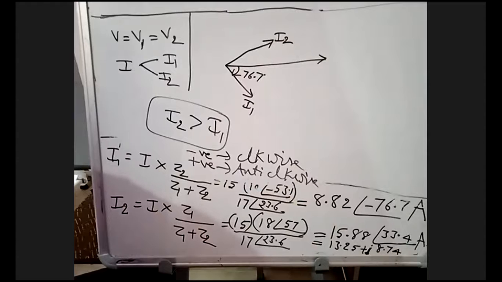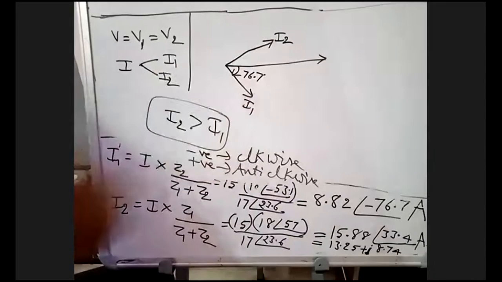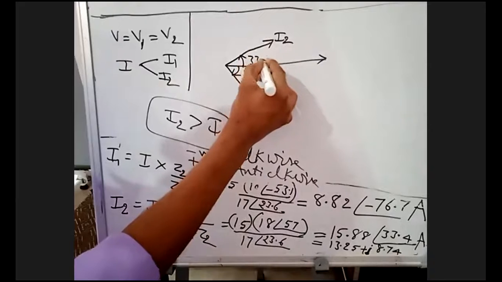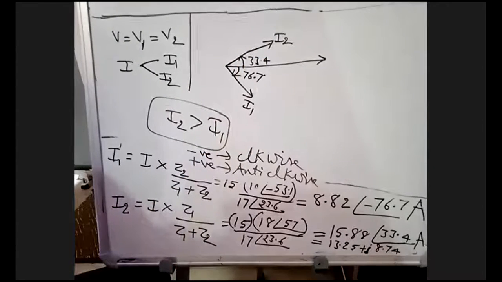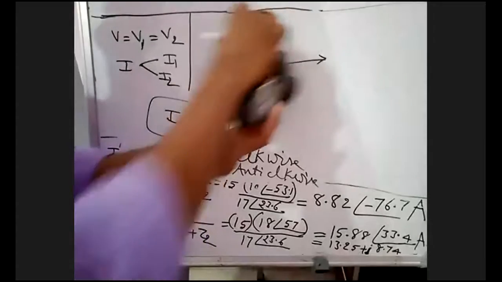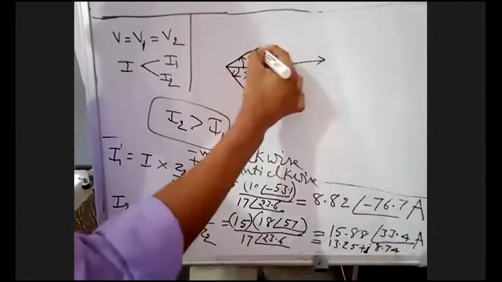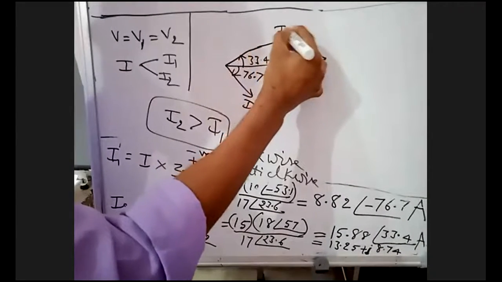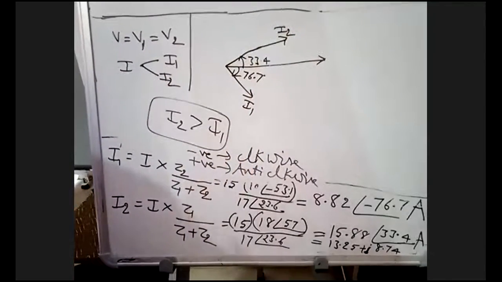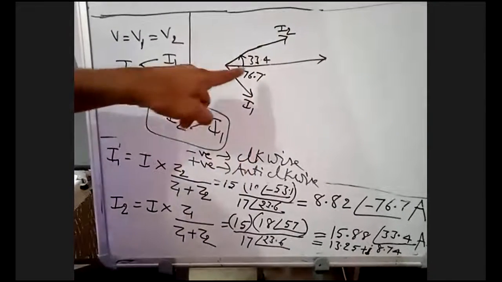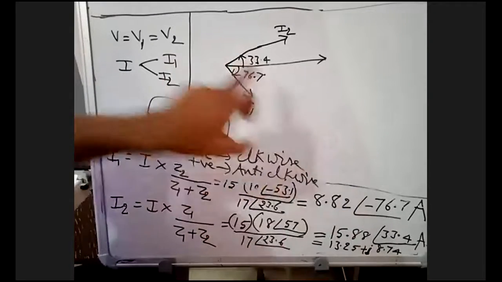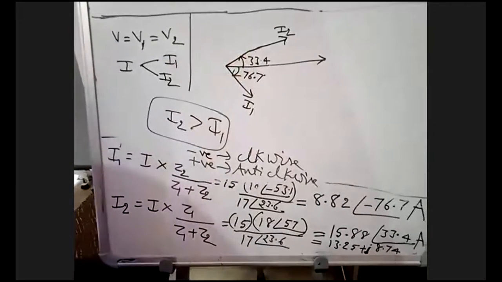But with how much angle am I taking it? 33.4. This is I2. The angle is 33.4 plus. Plus means anti-clockwise, minus means clockwise direction from this axis.